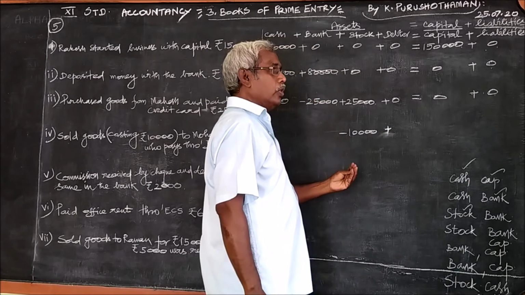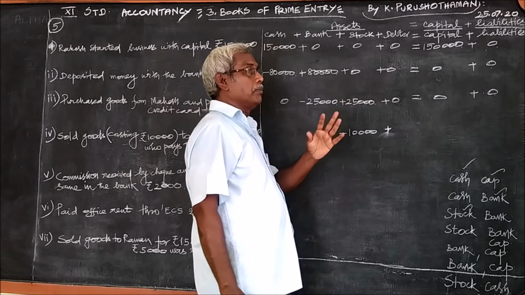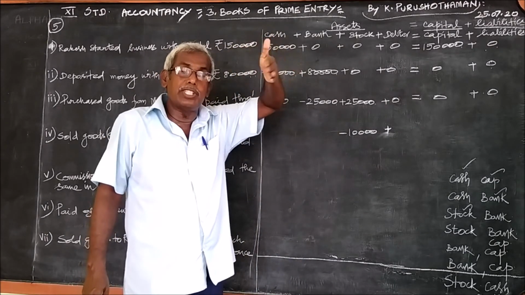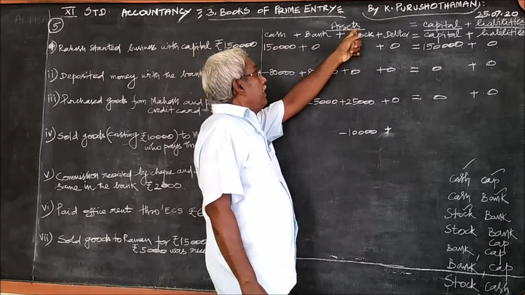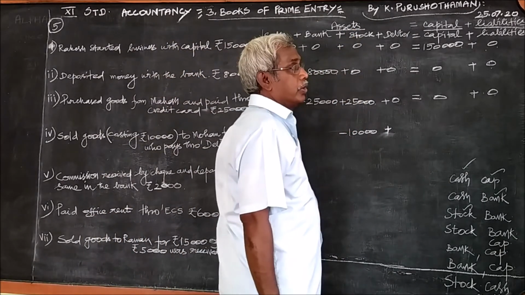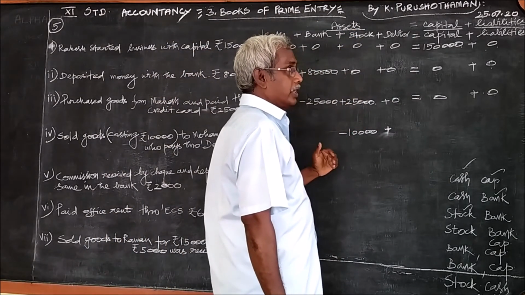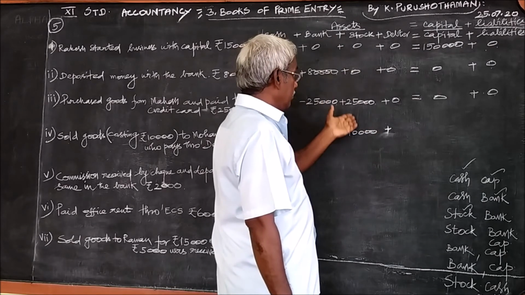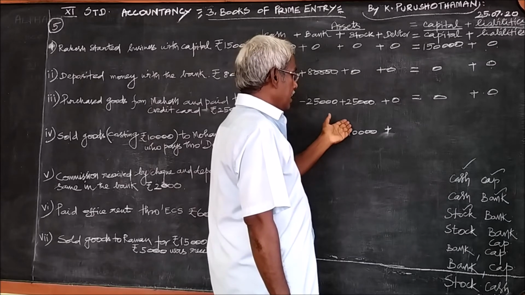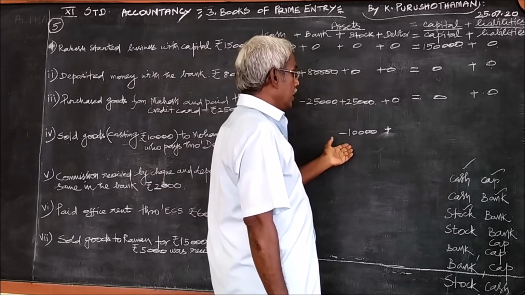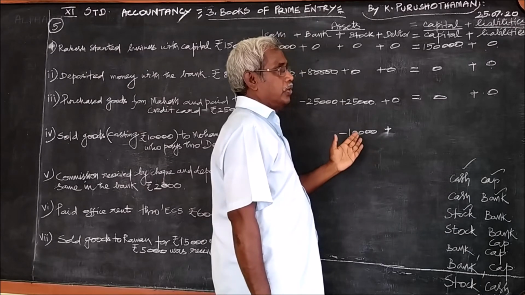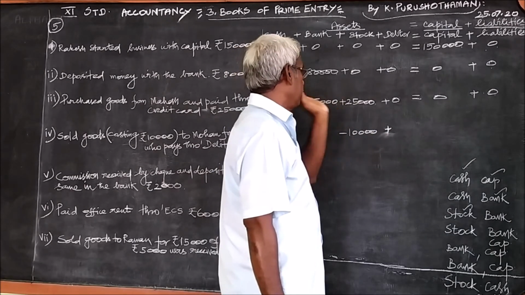How much valued goods are taken away from the business? 10,000 valued goods are taken away from the business and sold. Therefore, it will reduce the stock, minus 10,000. The price at which it was sold is different. When we show it in our stock, what must we do? What is the actual value of the goods? 10,000 only. Therefore, minus 10,000, because 10,000 valued goods is sold away.